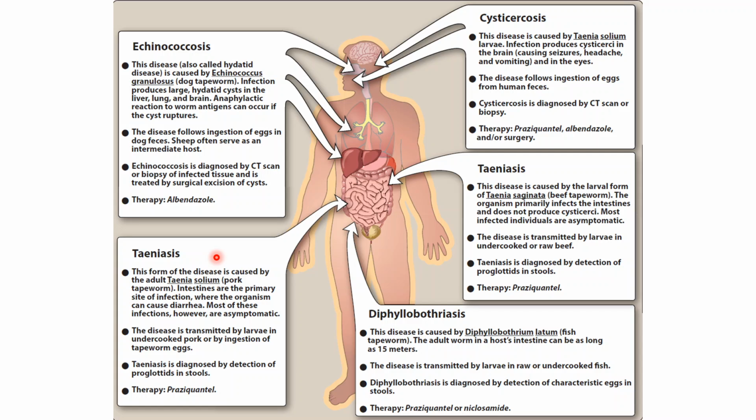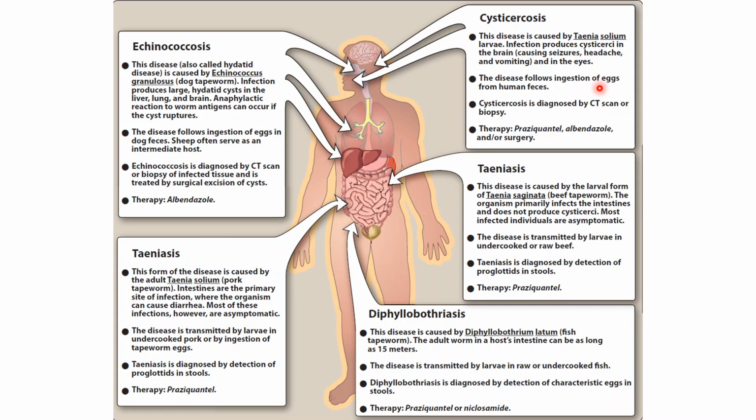Albendazole is another benzimidazole that inhibits microtubule synthesis. It's effective against most nematodes, and the primary therapeutic application is cestodal infections like hydatid disease and cysticercosis.